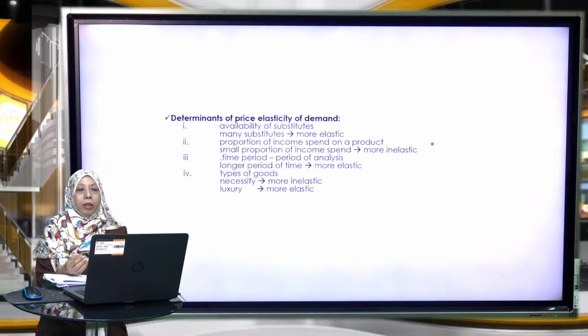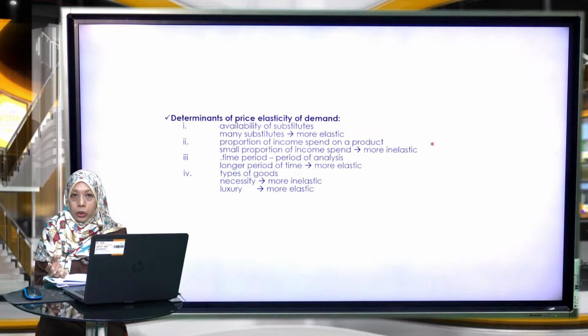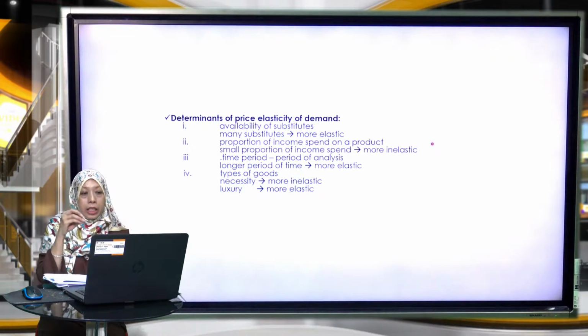Let's assume that you are using 1 packet of salt a month. How much will it cost you? For example, it will cost you about 80 cents per packet. And how much of your income will that consume? Assuming that you receive an income of 3,000 a month, every month you're going to spend 80 cents of your income on salt.